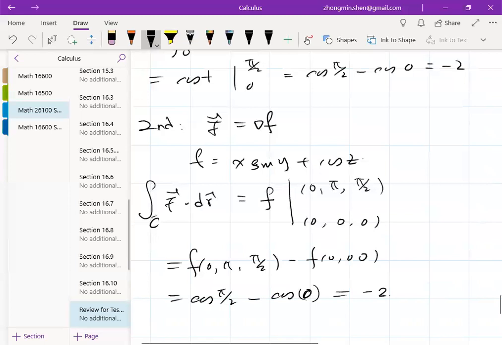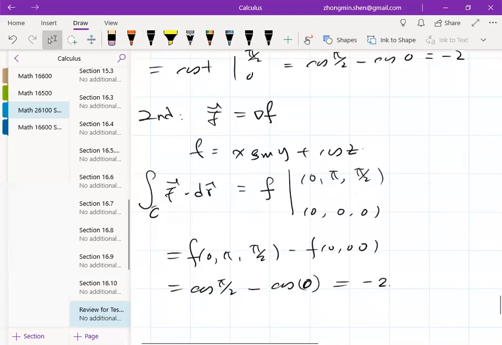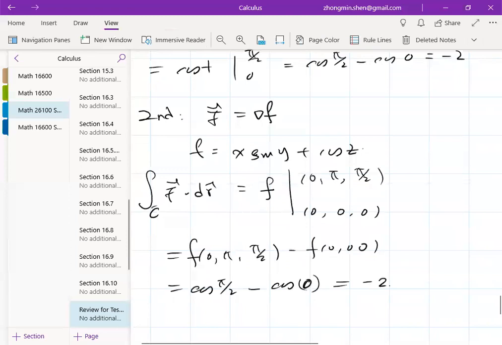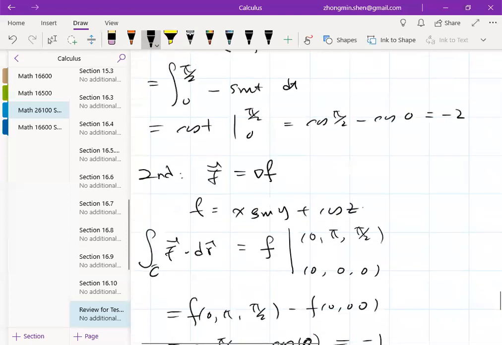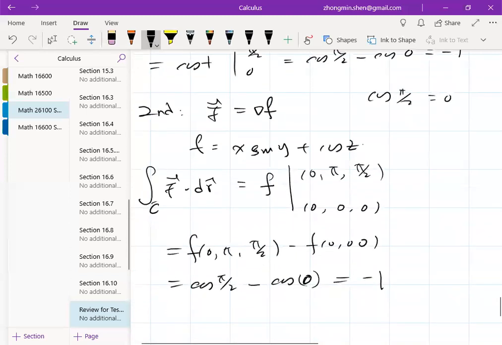It's my mistake, it's negative 1, because cosine pi over 2 is 0.